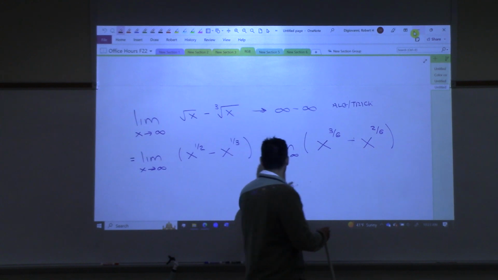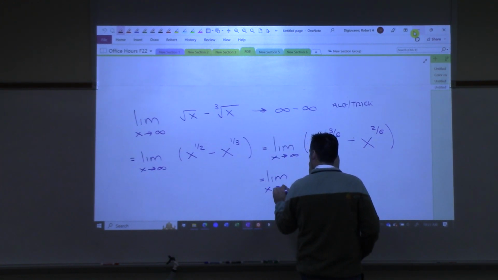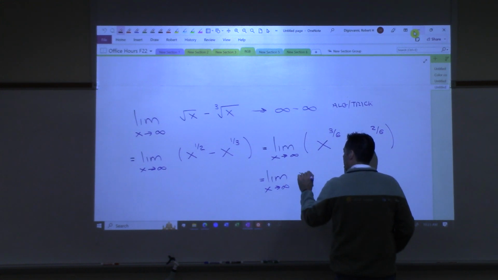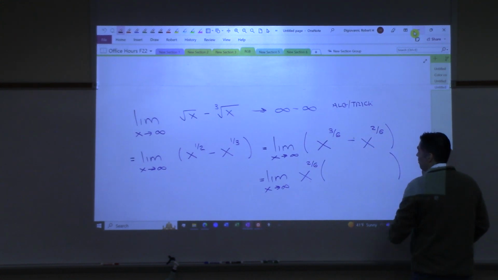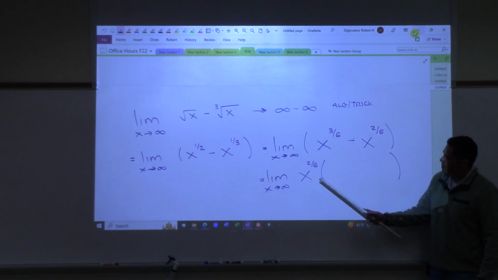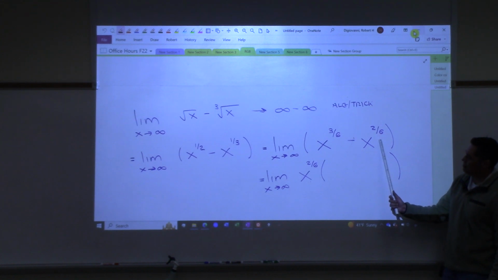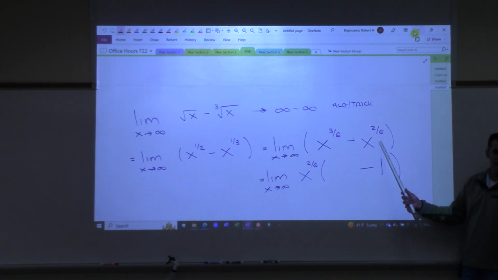Let me do it and you'll see. I can pull out of this an x to the 2/6. Now you have to understand what I'm doing here, so let's see if this is true. Let's take care of the last term first. Do you all agree that if I just put a -1 here, that times x to the 2/6 here gives me that?